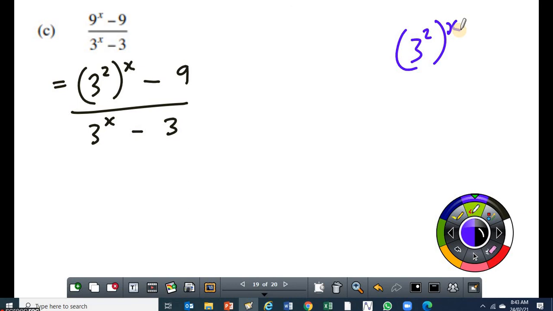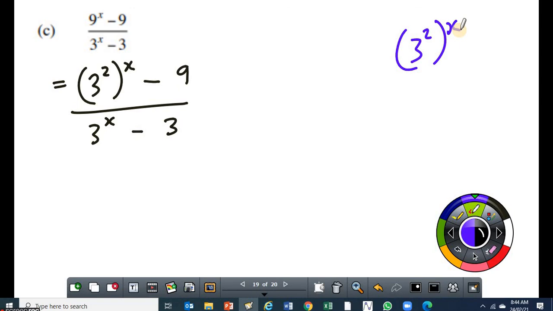So, can you come again? Okay, if we swap these two, we'll get 3 to the power of x, and the 2 goes out, then it becomes 3 to the power of x all squared. No, this is different now.